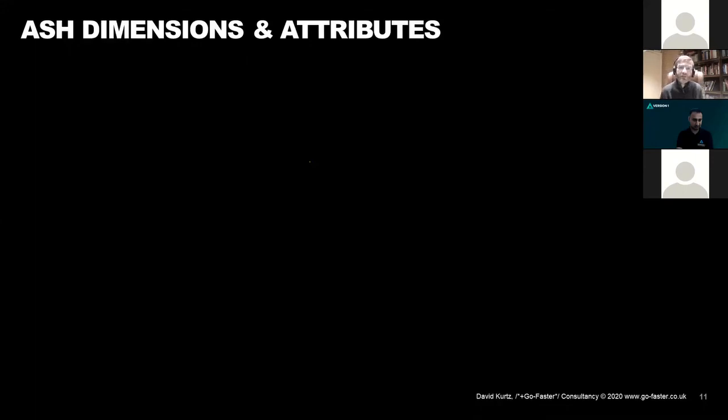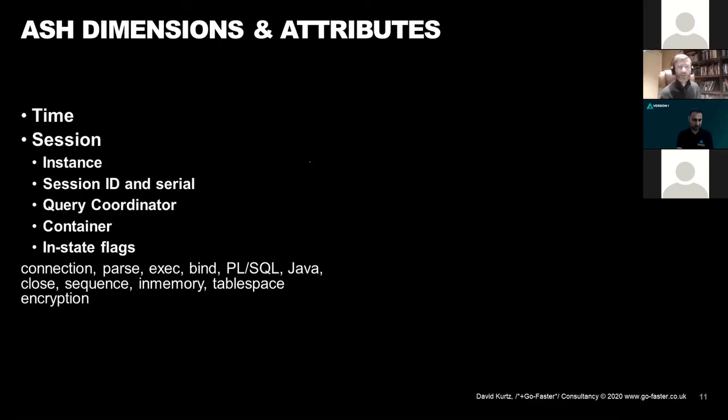So ASH is a data warehouse of information about activity on your system. The fact is that there's one row. That row is a fact of 1 second, or 10 seconds, of DB time. But there are lots of attributes in different dimensions. You've got time information. When was the sample taken? You've got information about the session. What's its status?